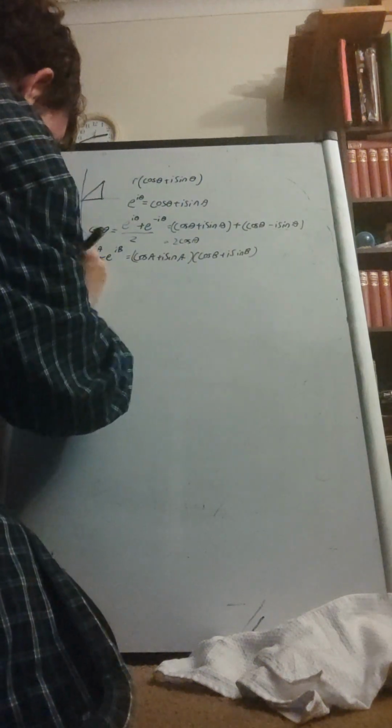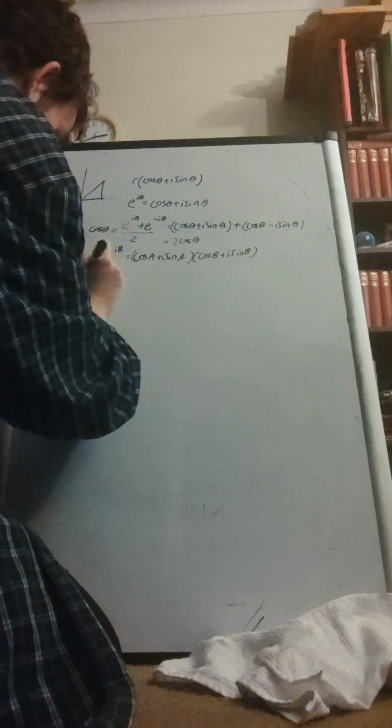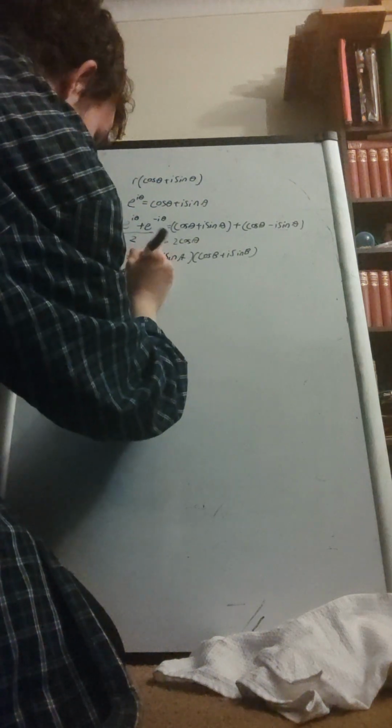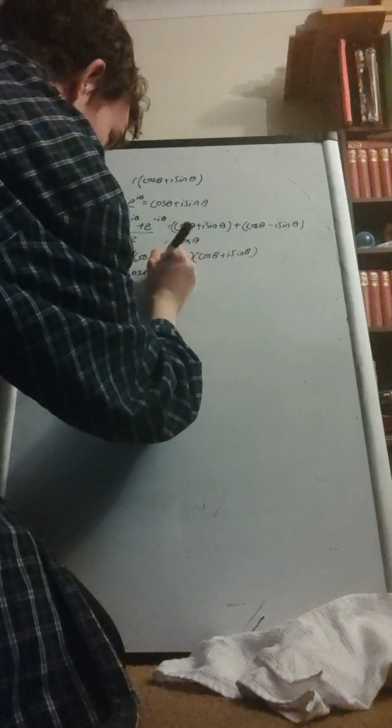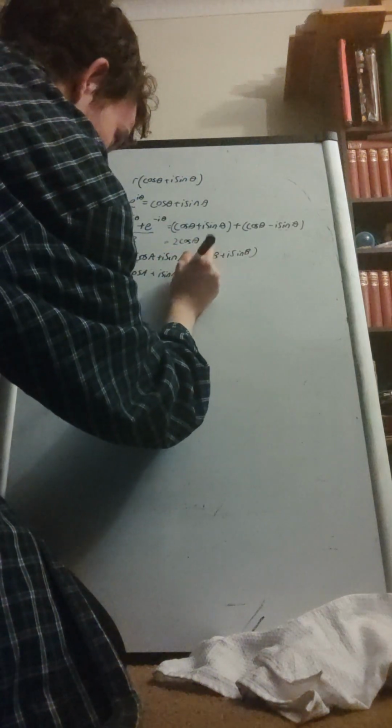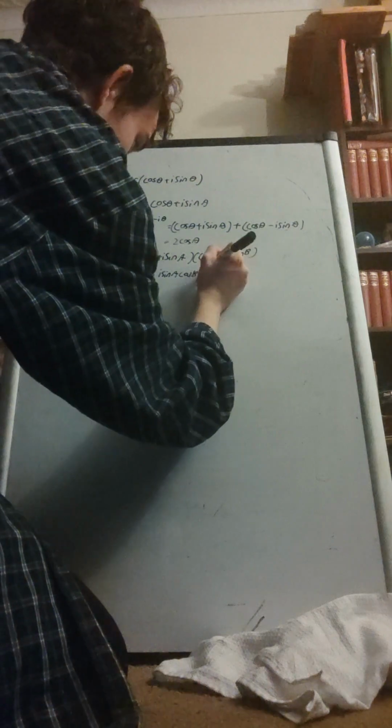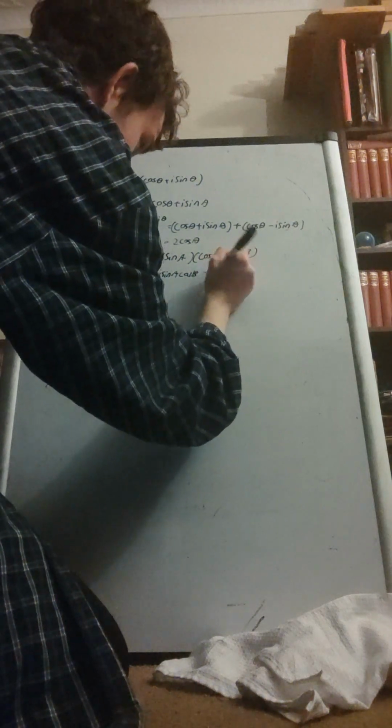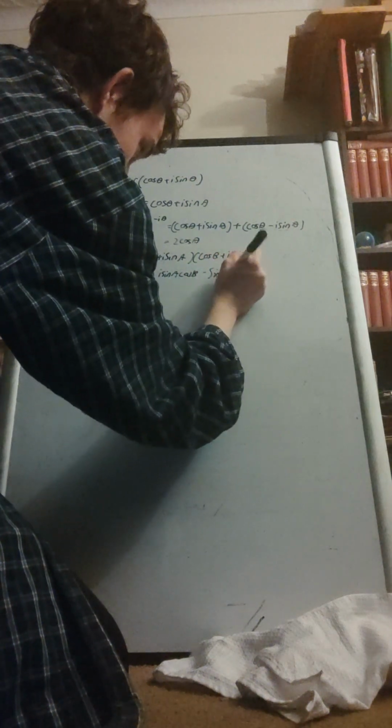Expanding that out, we get, I'm going to need more room for this, this will be long, cos a cos b plus i sine b cos a plus i sine a cos b minus sine a sine b, right?